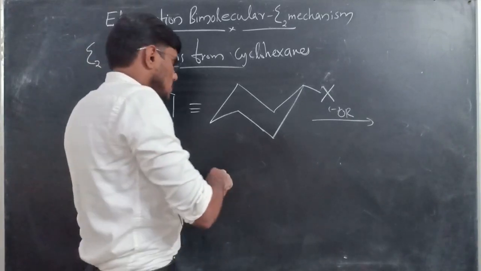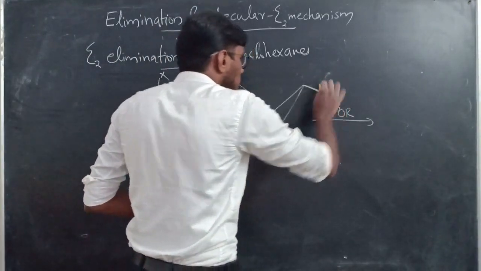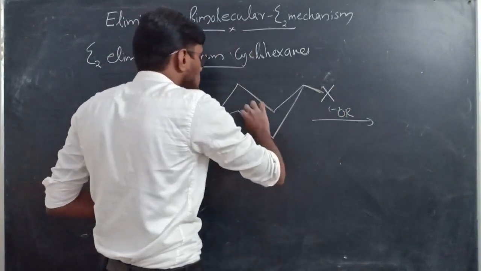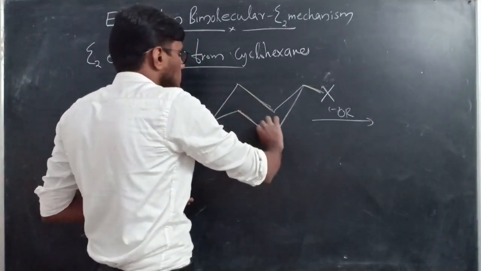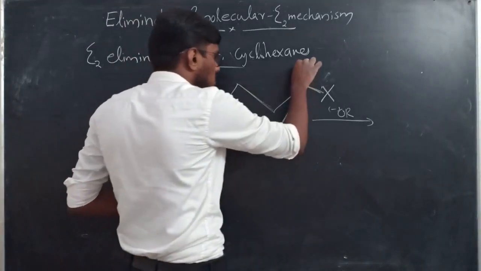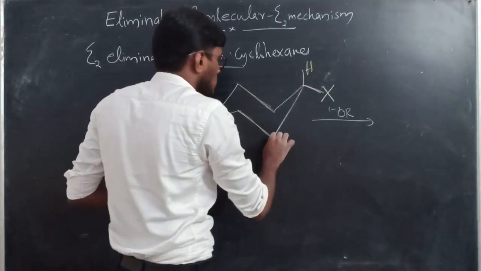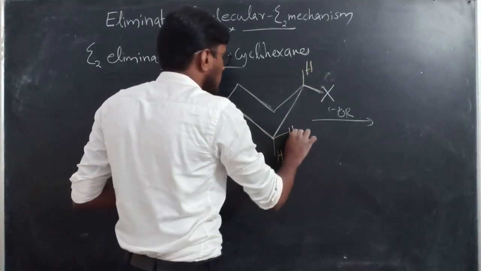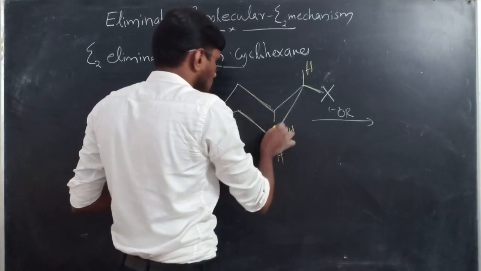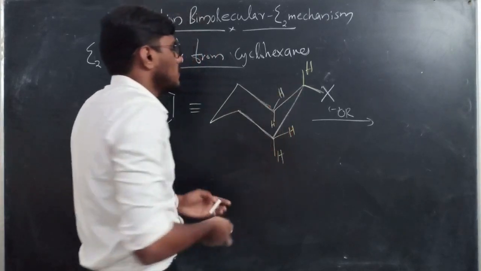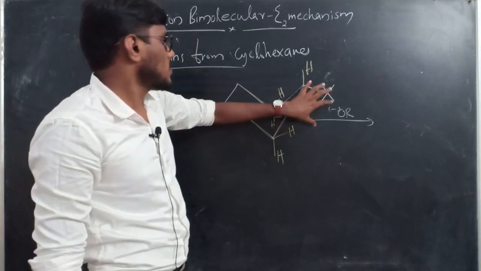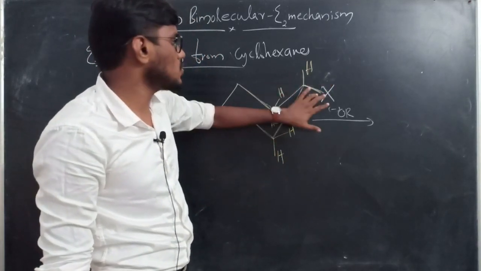But here, only these C-C bonds are anti-periplanar. There are no hydrogens which are anti-periplanar to this one. You can check, these are the hydrogens in the next carbon, but none of these hydrogens are anti to this one.